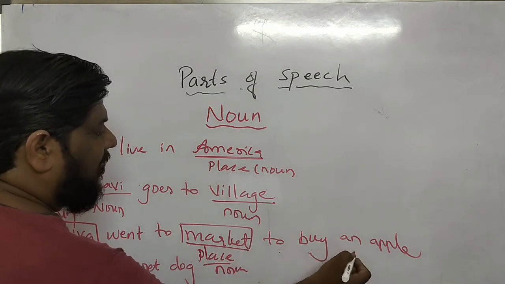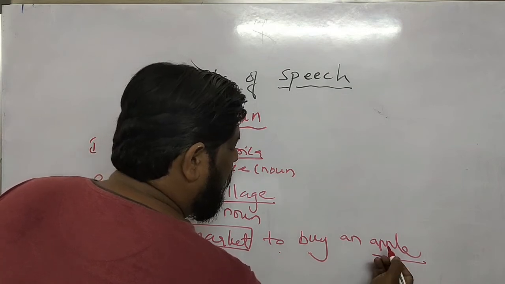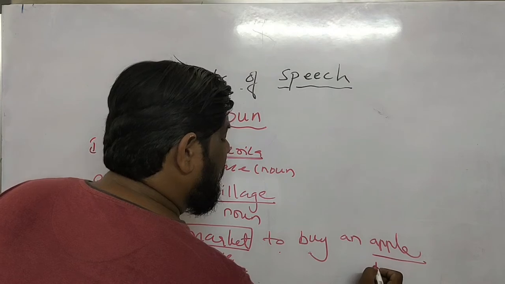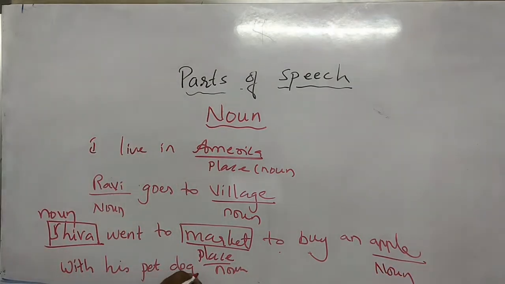To buy an apple: an apple is a fruit, so maybe you can call it a thing, so again it is a noun. And with his pet dog, dog here is an animal, so it is also an example of a noun.